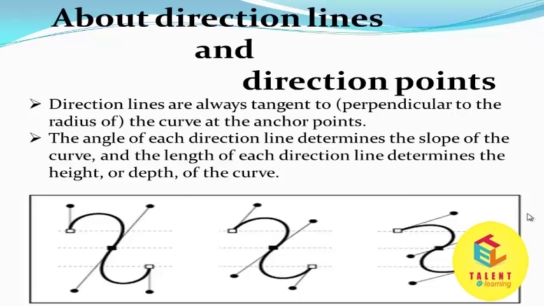The angle of each direction line determines the slope of the curve, and the length of each direction line determines the height or depth of the curve. This is the example of moving and resizing direction lines to change the slope of curves.